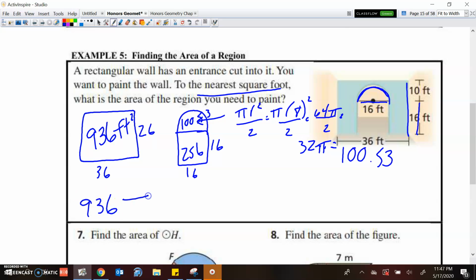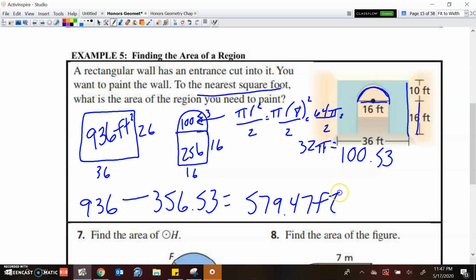So I take 936 minus, I'm going to combine 100.53 plus 256. The area of this entire doorway, this archway, is 356.53. And when I subtract that answer from 936, I get 579.47. This is all in square feet.